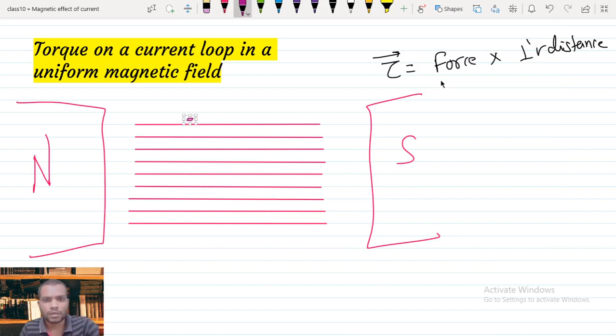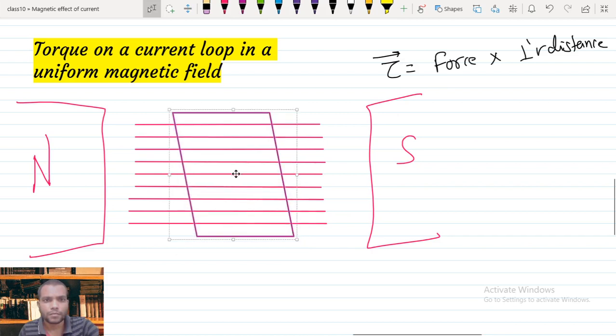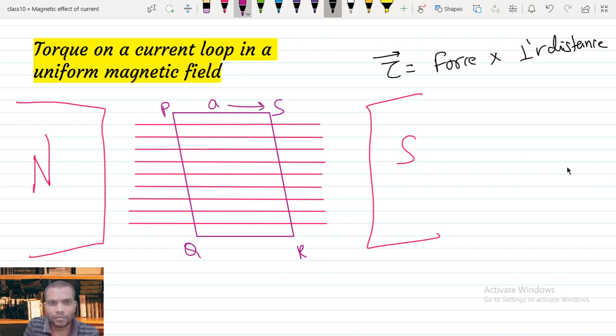Let me take this as P, Q, R, S. The PS side has length A and the PQ side has length B.